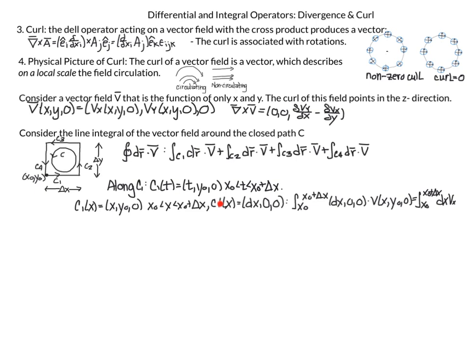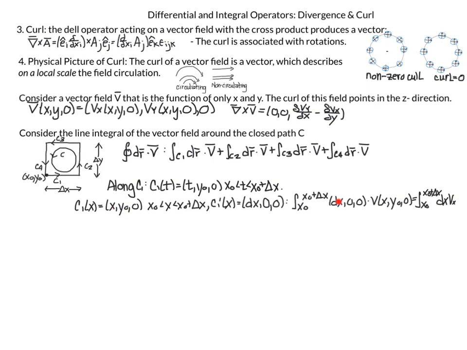We can take the derivative of our path now. Here we have a dx, and then y naught is constant, so it goes to 0, and we have 0. So plugging into our integral, we have our limits of integration from our parameterization, x naught to x naught plus delta x. We take the derivative of our path, so dx, 0, 0, and we dot it with V composed of our path, that's V of x, y naught, 0.